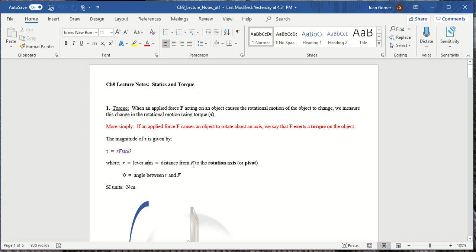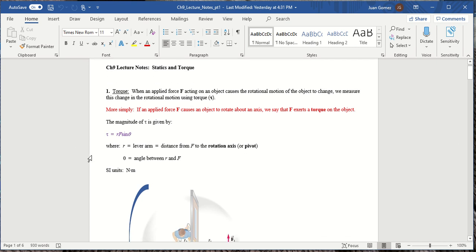It is the distance from the object where the force is applied to the rotation axis. R is simply the distance from F to the rotation axis. And theta is the angle between R and F. And the SI, the MKS, remember the terms SI and MKS mean the exact same thing, the SI unit of torque is a Newton meter.